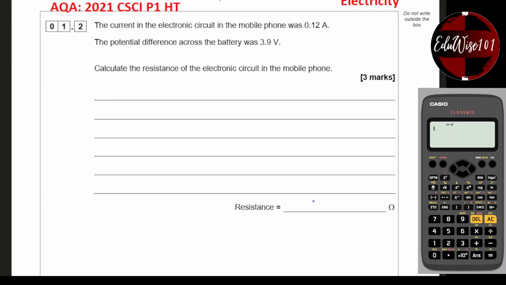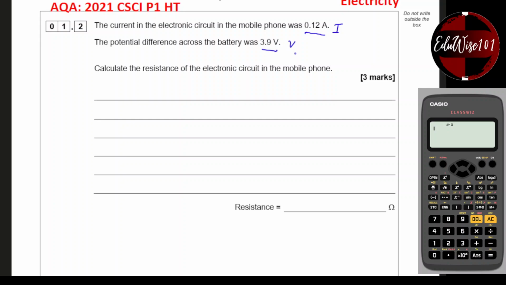Next question, 1.2. The current in the electronic circuit in the mobile phone was 0.12 amps. That's the I. The potential difference across the battery is 3.9 volts.